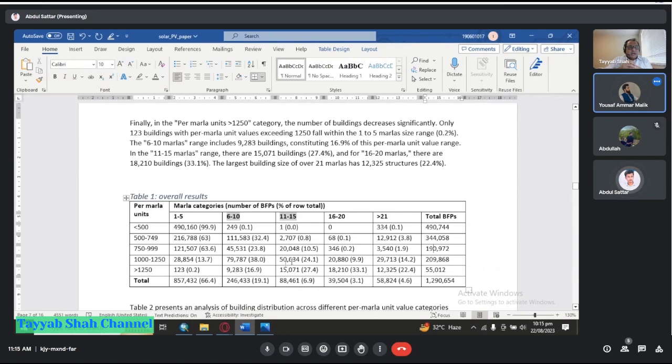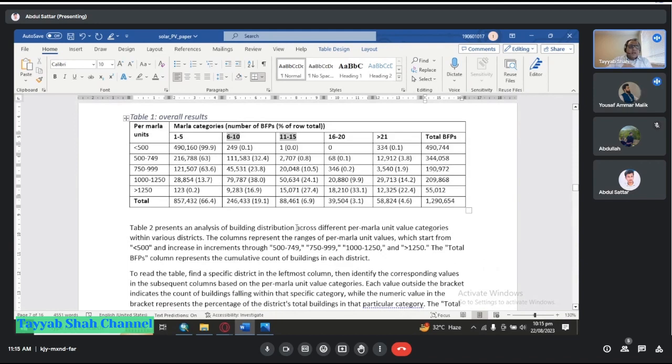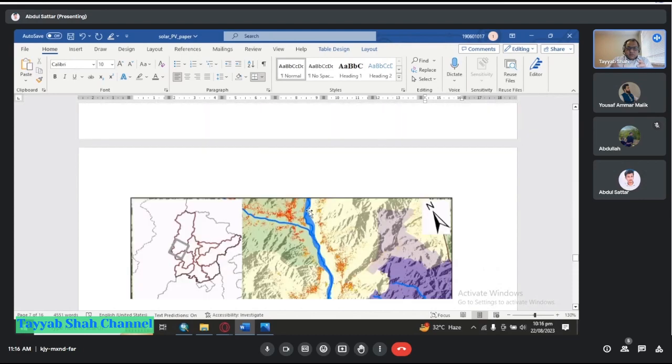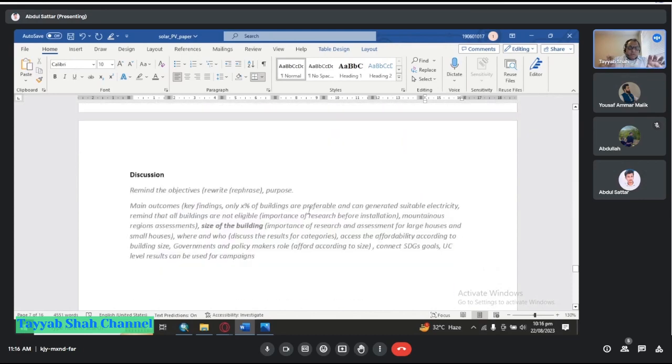That's the point we are going to generate in the discussions: how the government and public and private organizations can support the population that live in those areas. This is the way we will discuss the key points.